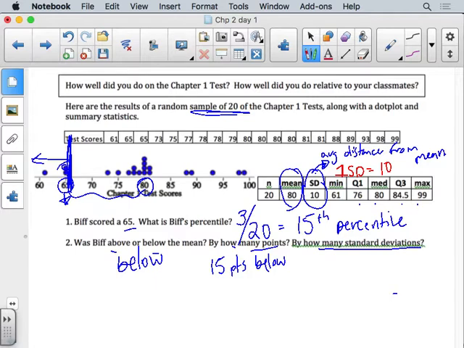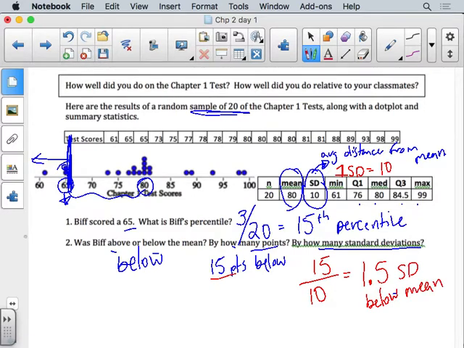So how many total standard deviations was he away? Well, he was 15 points below. So I'm going to take 15 and divide it by my standard deviation, and he was 1.5 standard deviations below the mean.